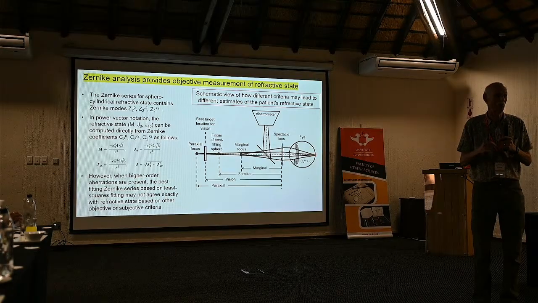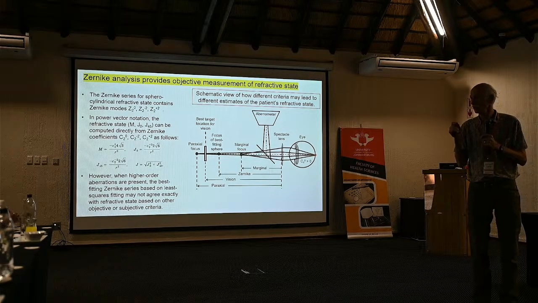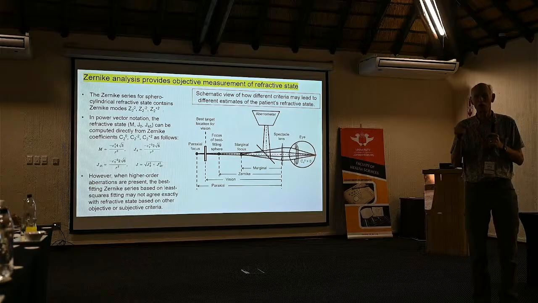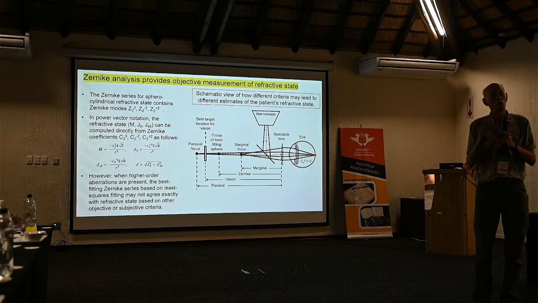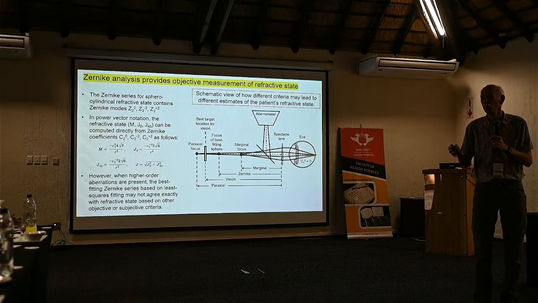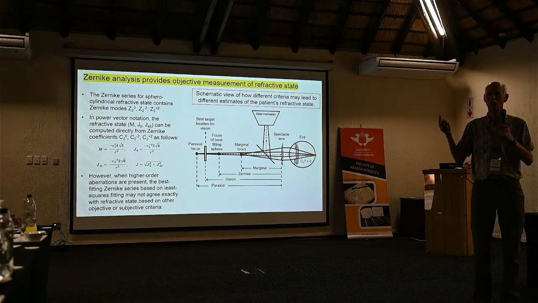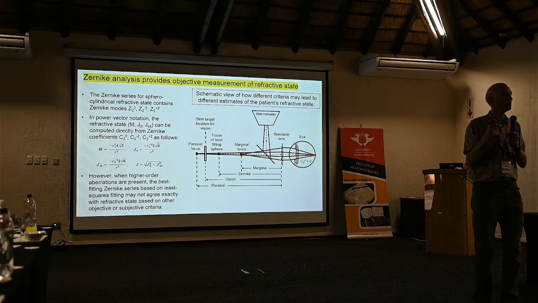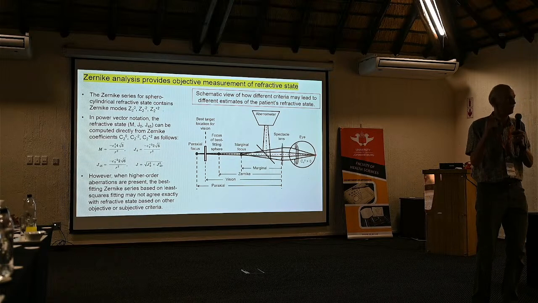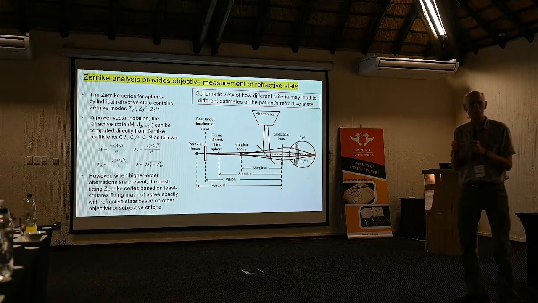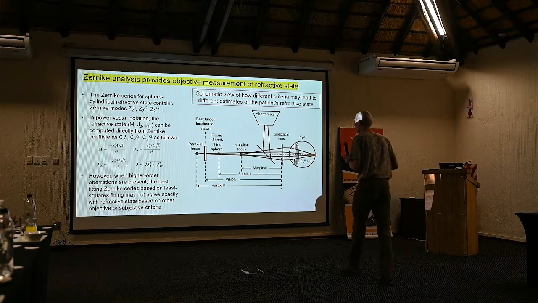It's not equal. So you shouldn't say mean spherical equivalent because that's not equivalent. You should say mean sphere. And then you realize, of course, it's not equivalent. That's why I didn't use the word equivalent. It's just my best fit. It's my best approximation. And so it is here.